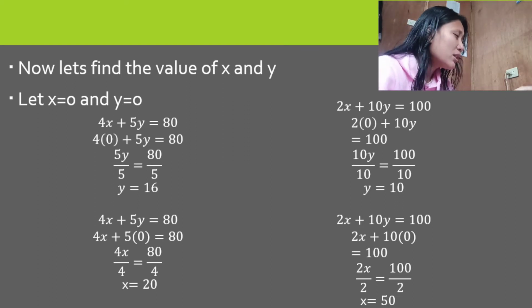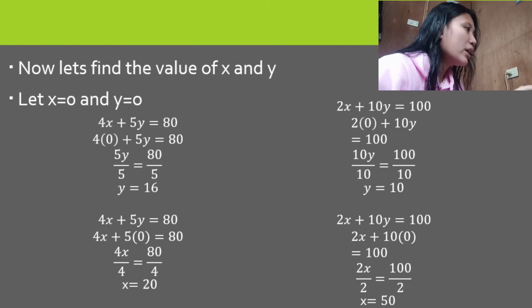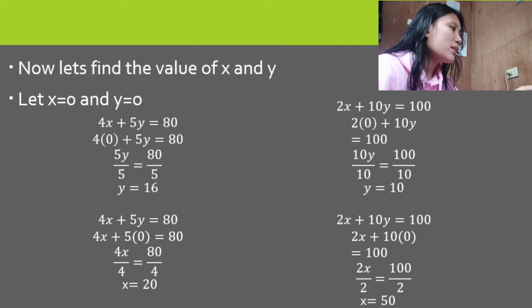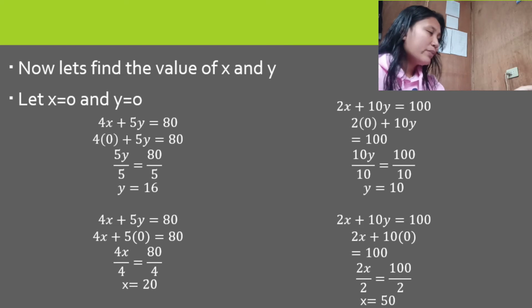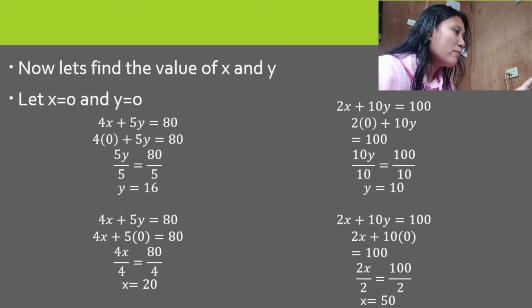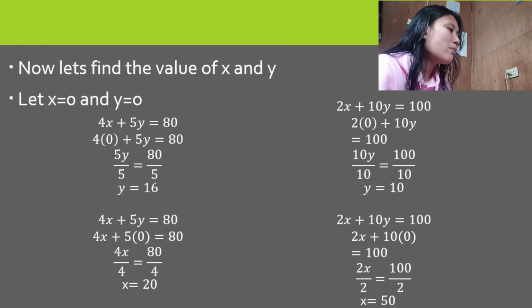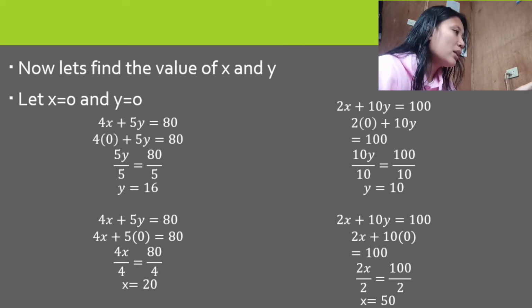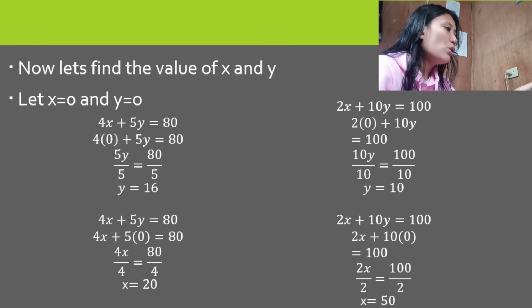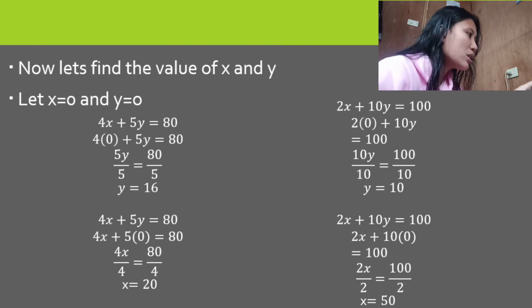So we have 5y is equal to 80, and we divide both sides by 5. 80 divided by 5, so cancel out the 5, and y is equal to 16. Next, y is equal to 0. So 4x plus 5 times 0 is equal to 80. So we have 4x divided by 4 is equal to 80 divided by 4. So the value of x for the first equation is 20.